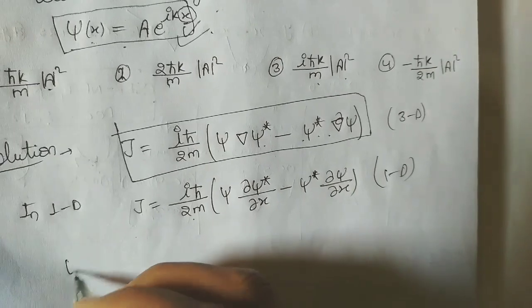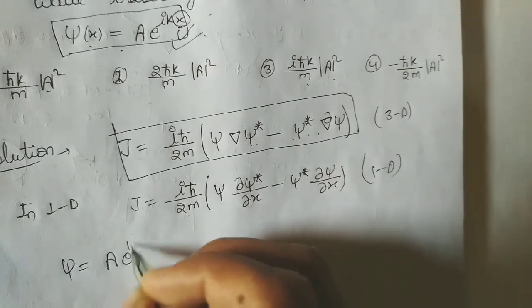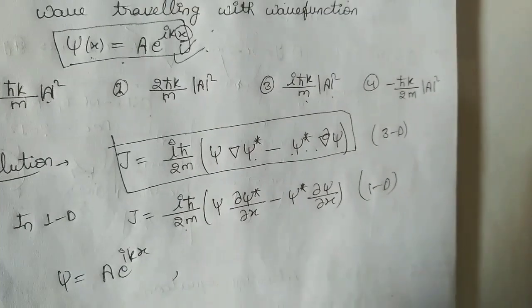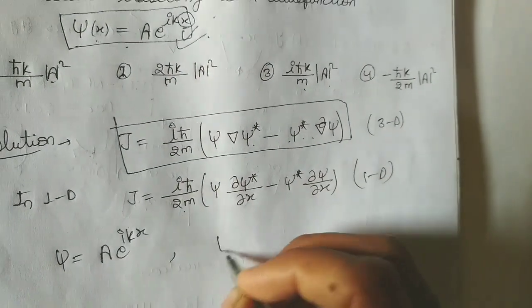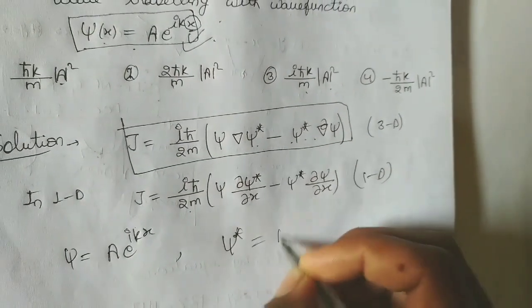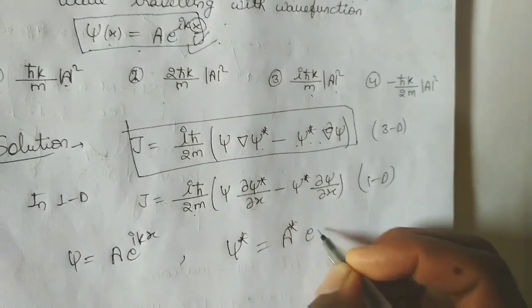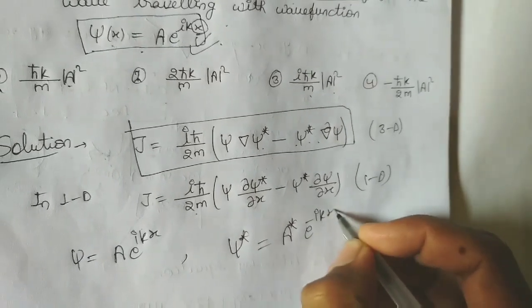Now what will be psi? As it is given, psi is a exponential i kx, and what will be psi star? Psi star will be nothing but a star exponential minus i kx.